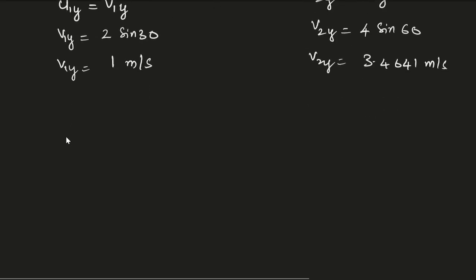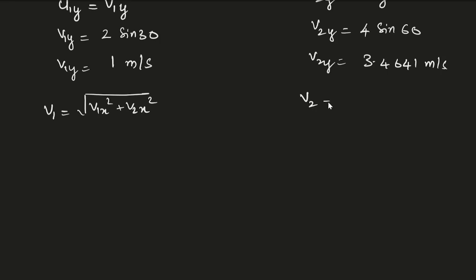So to find the velocity v1, this will be equal to root of v1x square plus v1y square. And to find the velocity v2, this will be equal to root of v2x square plus v2y square.